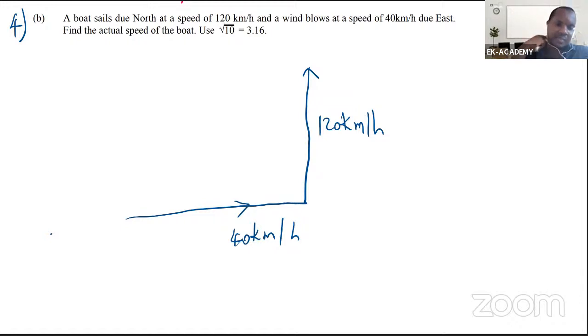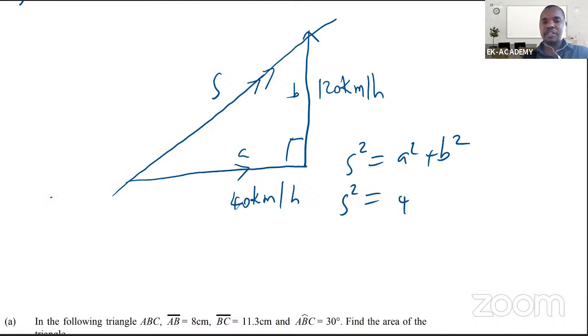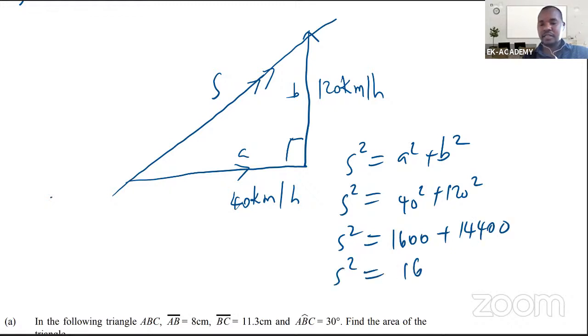So let me say the speed of the boat. We are going to use the Pythagoras theorem. Call this A and this B. So we know that S squared equals A squared plus B squared. S squared is 40 squared plus 120 squared. S squared is 1600 plus 14400, so S squared is 16,000.